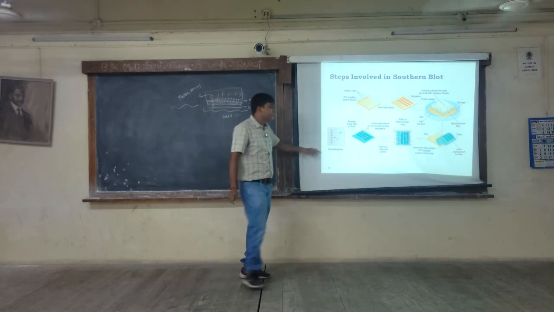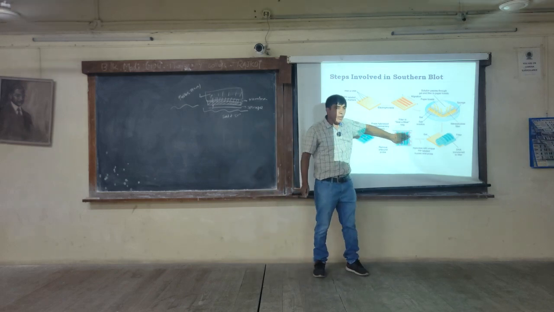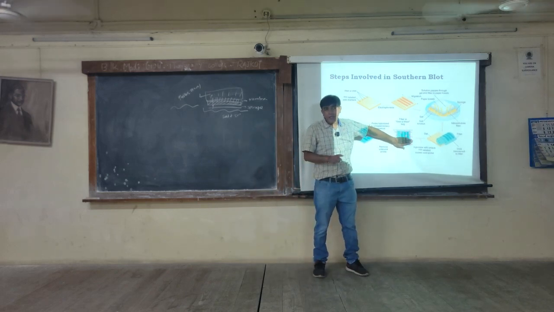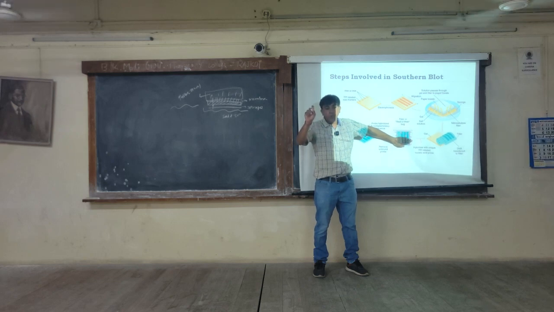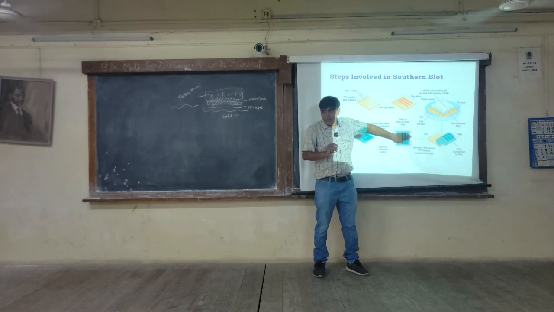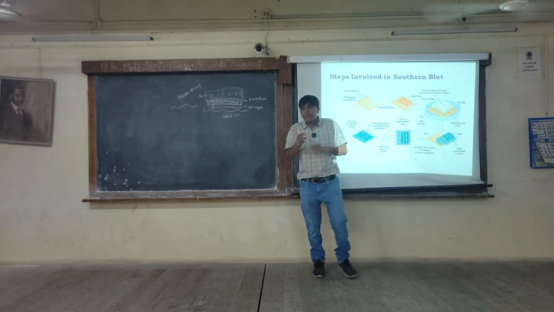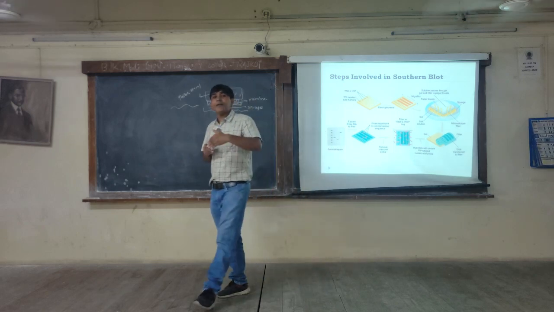Now, if on this membrane the kid DNA is matching with the parent DNA, which is already radio labeled, then it will bind with it and it will remain as a band. Clear? So the bands will be formed only at a place where a complementary DNA is present.